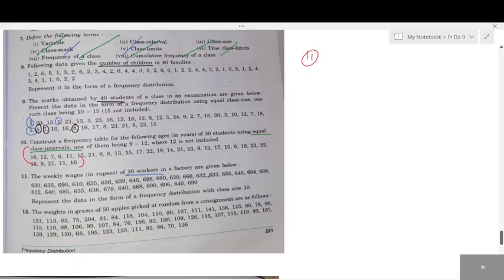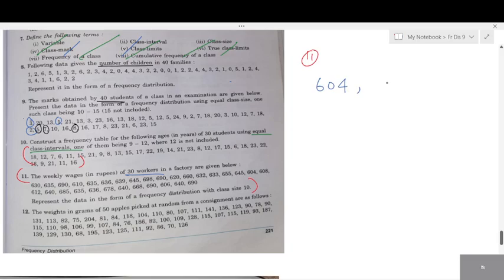Okay. Now tell me the least number. What's the least number we have here? 11th question. What's the least number we have? 604. Okay.